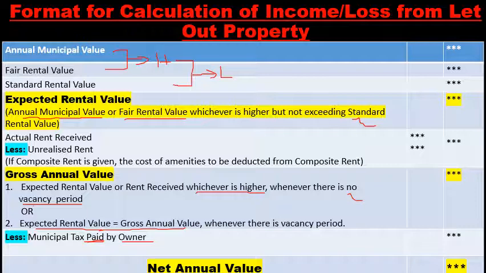Then you will get the net annual value: gross annual value minus municipal tax paid by the owner, and the balance is called the net annual value. So that is the first part of the format for calculation of income or loss from let out property. The same format applies even for the deemed let out property.